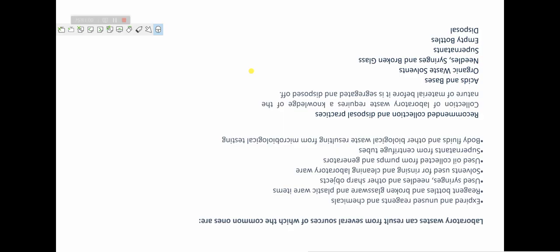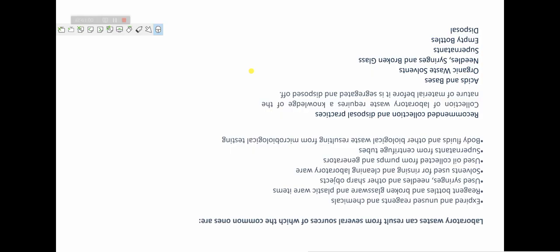Then supernatant from the centrifuge tube, when we centrifuge our samples, there will be a supernatant, right? So even that will come into the waste if it is not in use. If we are using the pellet, then the supernatant is definitely not useful, fine, so we will throw it.